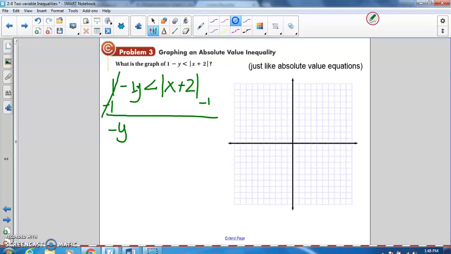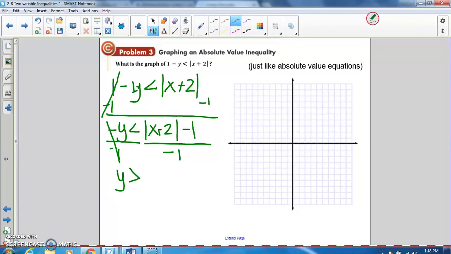Negative y is less than the absolute value of x plus 2, minus 1. I'm going to divide by -1. So y is greater than, since I'm dividing by a negative, I need to flip my inequality, the opposite of the absolute value of x plus 2, plus 1.